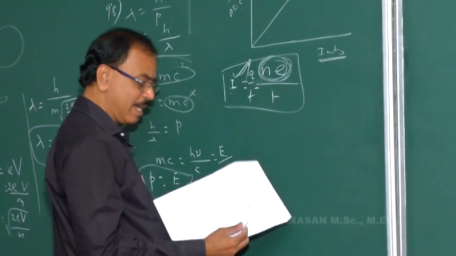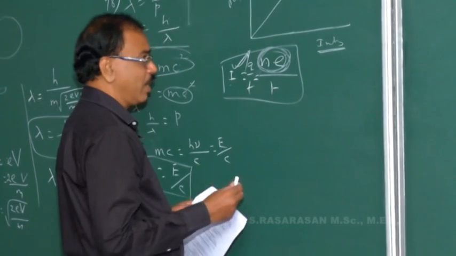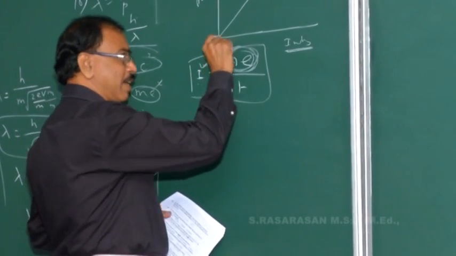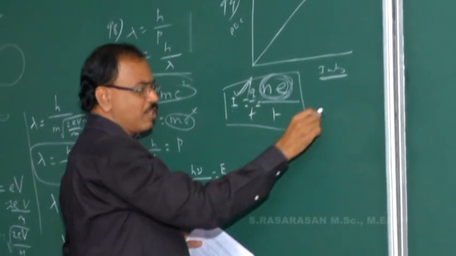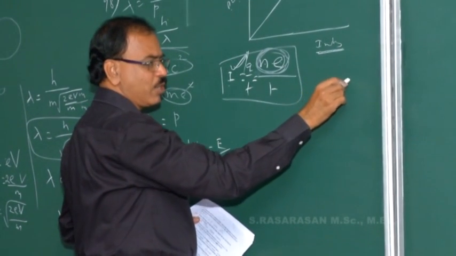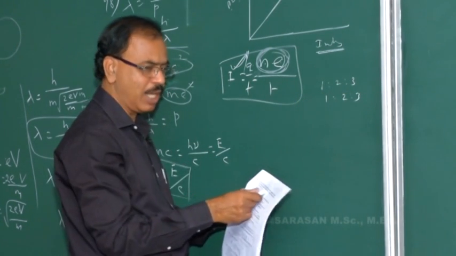அவங்க கேட்குறதே இன்டென்சிட்டி, தட் இஸ் ஃப்ரீக்வன்சியை கொடுத்துட்டு வாட்எவர் த ஃபோட்டோ எலக்ட்ரிக் கரண்ட் கேட்குறாங்க. த ஃபோட்டோ எலக்ட்ரிக் கரண்ட் இன்க்ரீசஸ் வித் இன்டென்சிட்டி. When intensity is increased in the ratio 1:2:3, the current also increases in the ratio 1:2:3 ன்னு கொடுக்கலாம்.